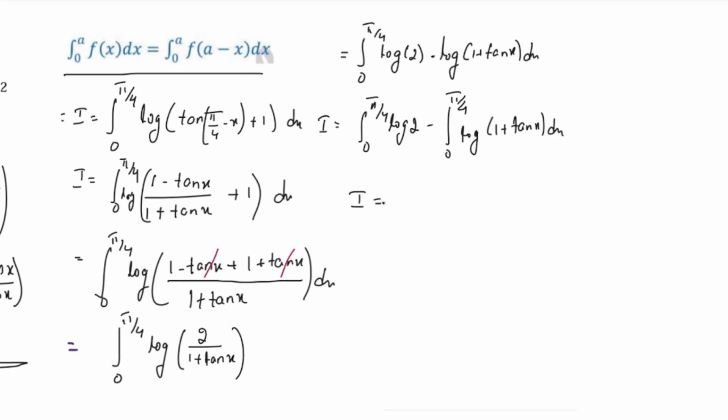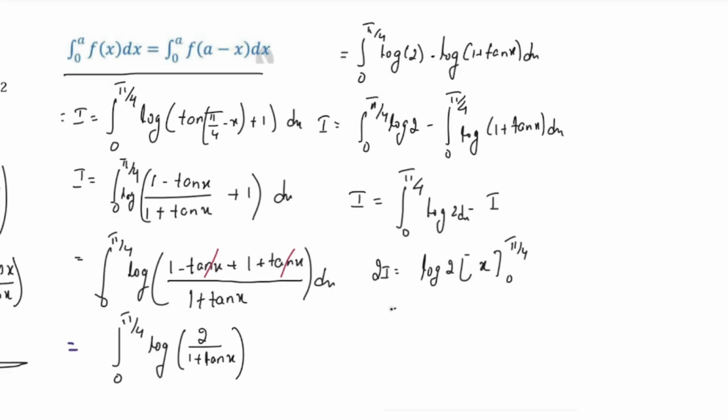So I is equal to the integration from 0 to pi by 4 of log 2 minus I. So this I, if we transpose it to the other side, becomes 2I. 2I is equal to the integration of log 2, which is a constant. The integration of 1 is x with respect to dx, and the limits are 0 to pi by 4.